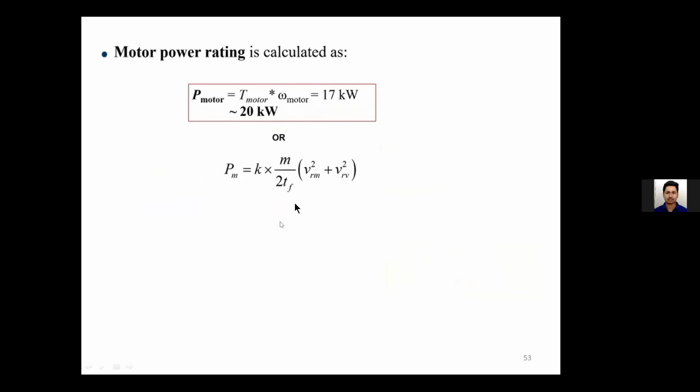This particular expression we have seen previously for designing the motor, so it can also be utilized to calculate the same thing. Even if you do that, we will get around the same value.